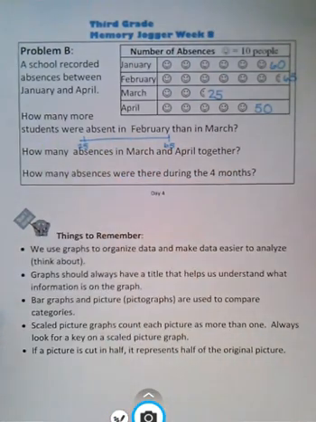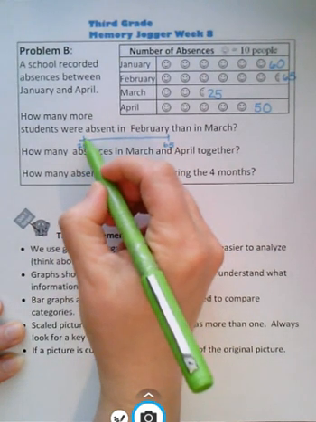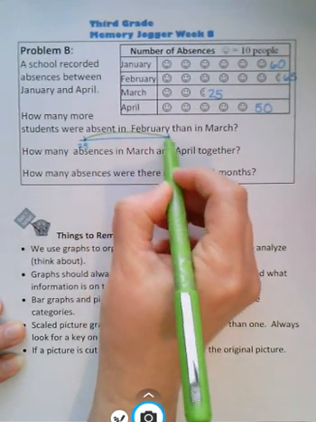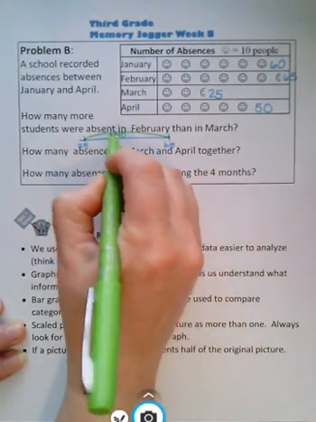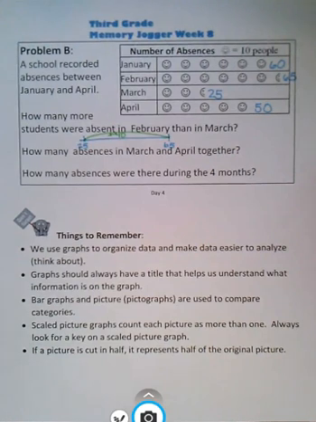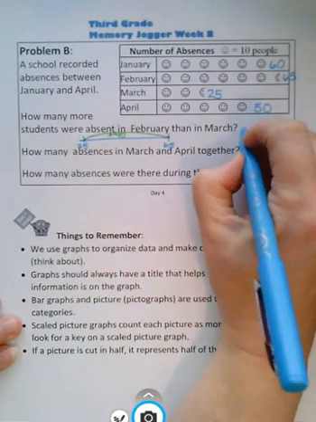If I jump 10, that would be 35, 20 is 45, 30 would be 55, and then 40 would be 65. So if I add 4 more 10s, 40, then we would be at 65. So 25 plus 40 is 65. So there were 40 more absences in February than March.